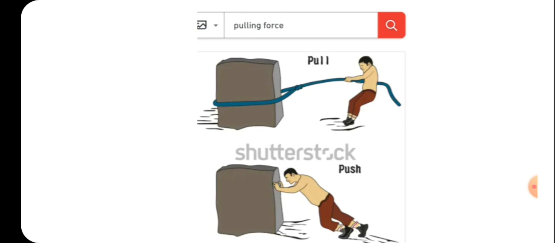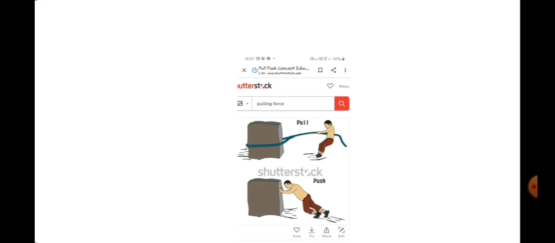Motion is the change of position of an object according to the time. Okay, so if you want to move an object at rest, we have to give a pull or a push, then only it will move from that place.